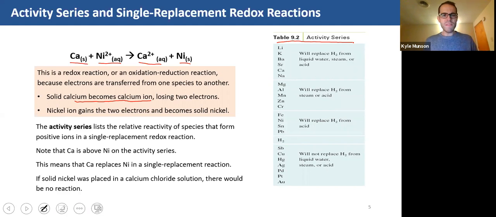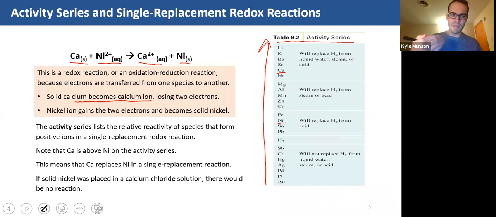This activity series lists the relative reactivity of species that form positive ions in these single replacement redox reactions. If we think of this as a scale of increasing activity, calcium is higher than nickel on the activity series.